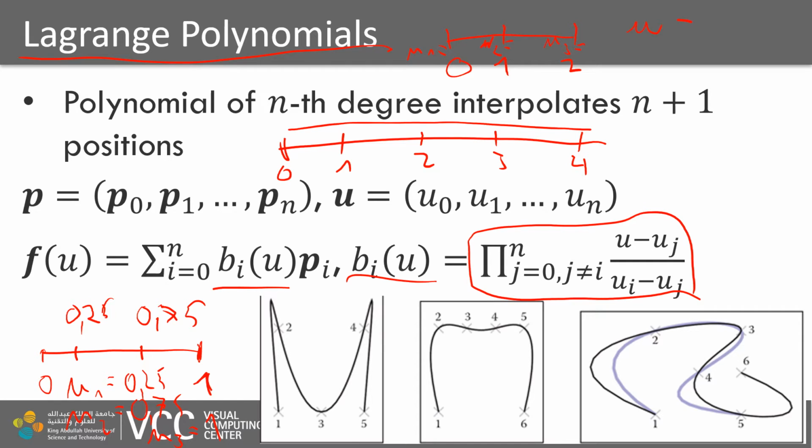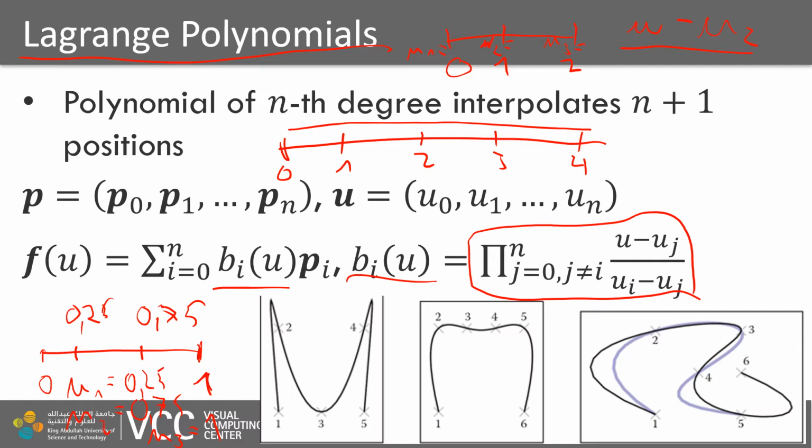So that term we skip and we go to the next one. So u minus u2, divided by 1 minus u2.